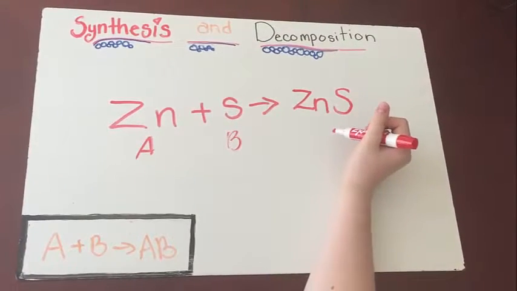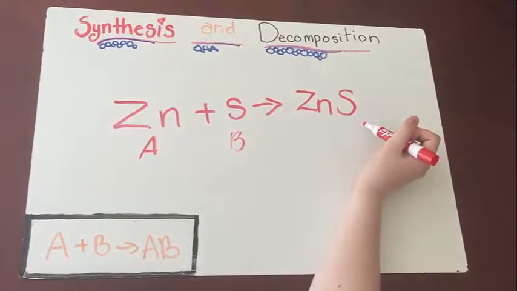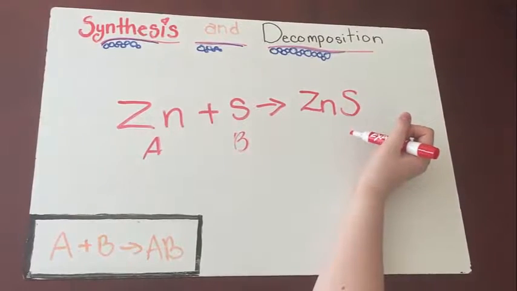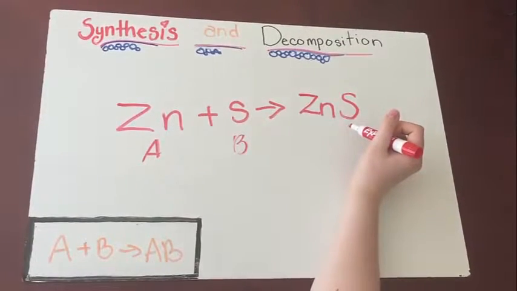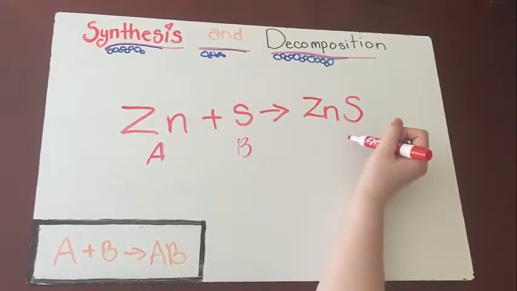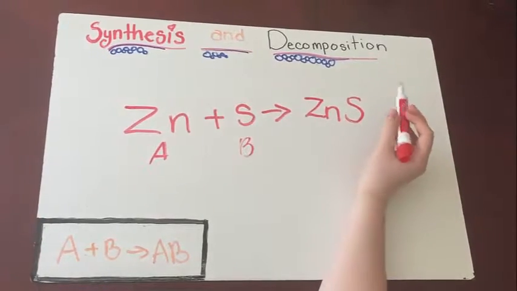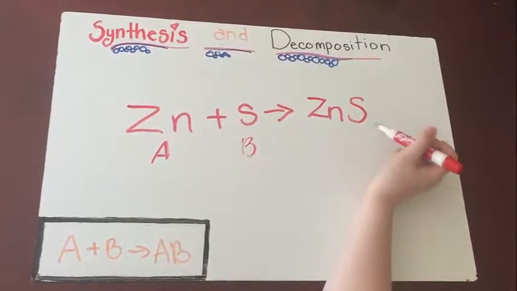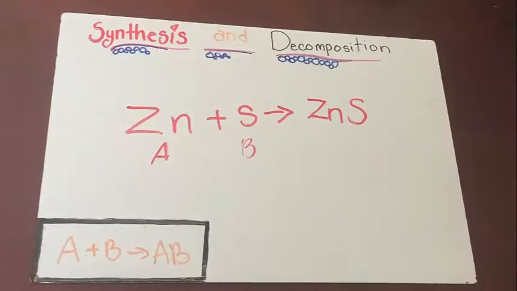In order to determine if this is actually the compound that we're going to use, we need to figure out if it is a neutral compound or if it is charged. If it's charged, we need to make it neutral, but if it's neutral already, then we just keep it.